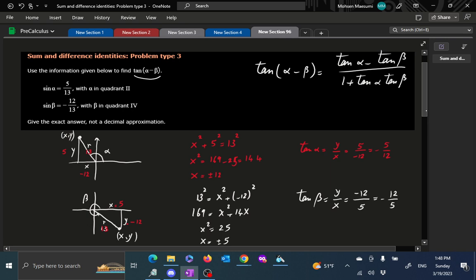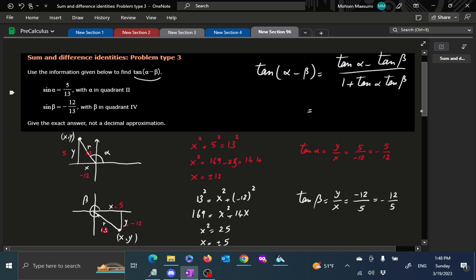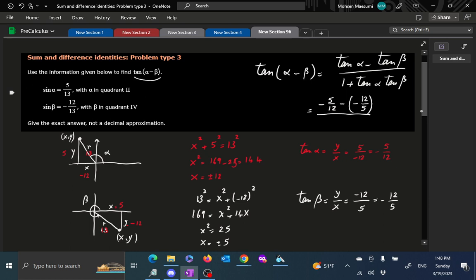So we are going to substitute the values we have. Tangent of alpha, for this I'm going to have minus 5/12, minus tangent of beta, that is minus 12/5, over 1 plus tangent of alpha, minus 5/12, times tangent of beta, minus 12/5. Now we have to take a common denominator here.